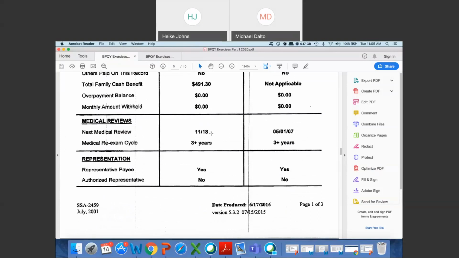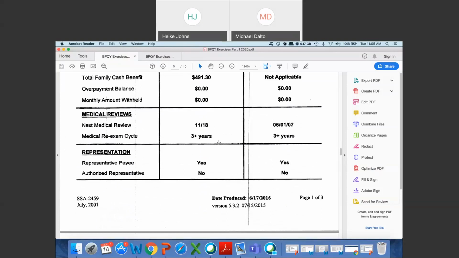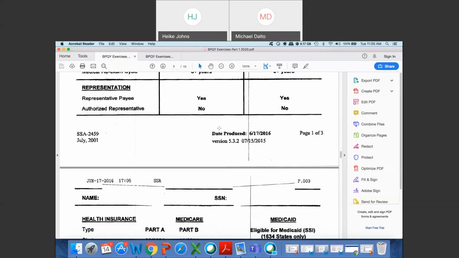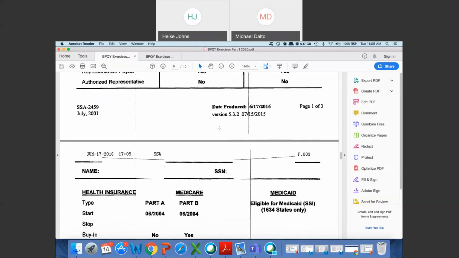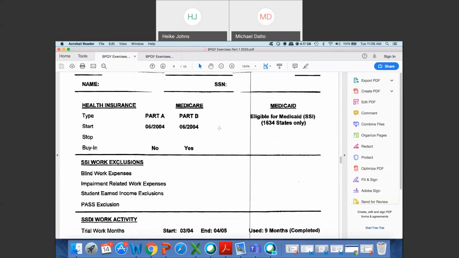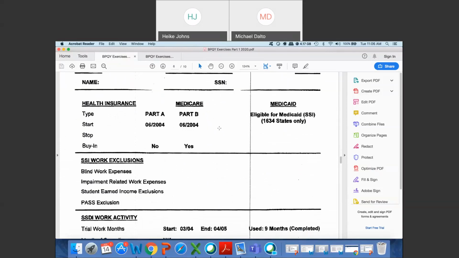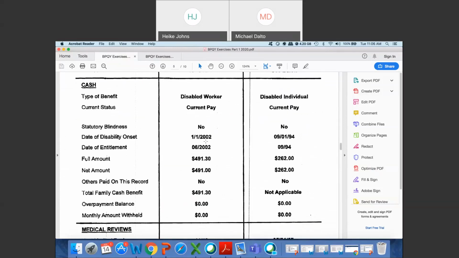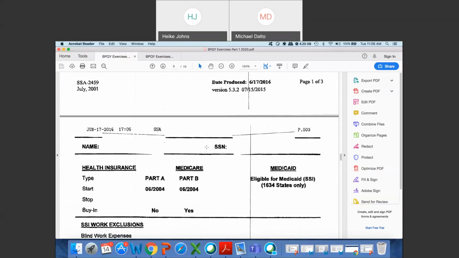We've got a 3+ year medical review cycle, with different dates for next medical review. Person has a representative payee, no authorized representative. They're getting Medicare, started June 2004, which is 2 years after the date of entitlement to SSDI, which is what you would expect.